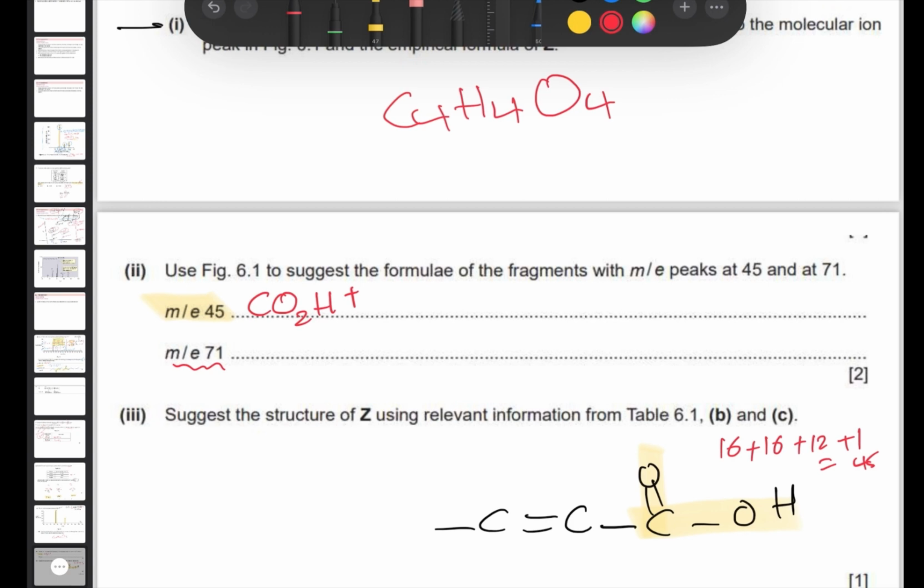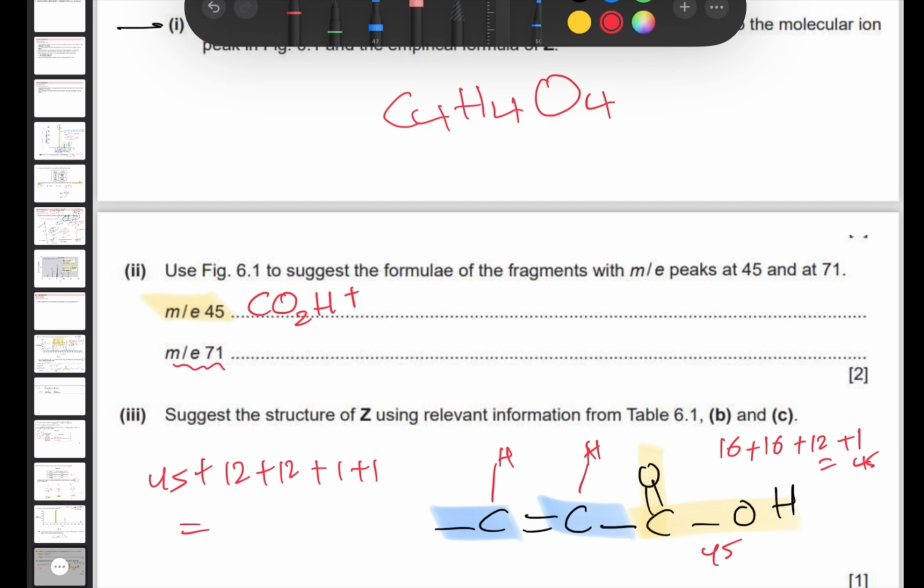The next part is telling me about what the 71 fragment represents. So we have 45 so far. We have to add more carbons. Okay, just want to take them in a different color. Okay, these guys in here. Okay, don't forget their hydrogens. We have hydrogen here and hydrogen here. Then we can say, okay, 45 plus 12 plus 12 plus 1 plus 1, and equals to what?